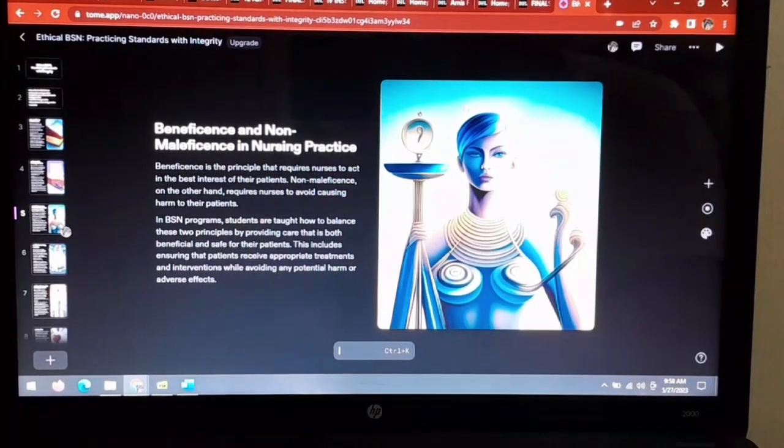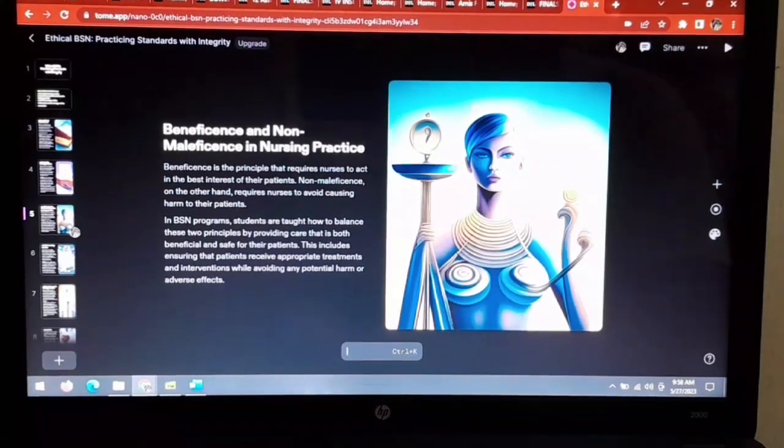Beneficence and non-maleficence in nursing practice. Beneficence in nursing practice requires nurses to act in the best interest of their patients.